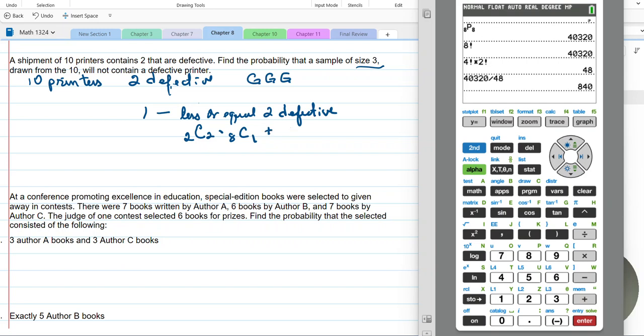Or 2, choose 1 and 8, choose 2. Okay, because there's 3. Hold on. In either case, we're going to have 3 of them.